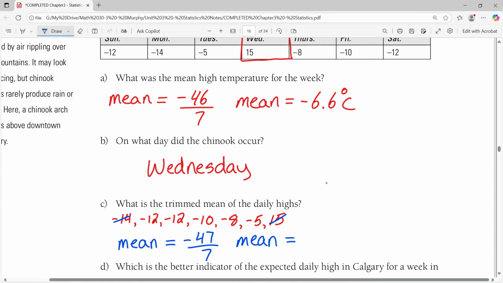Yeah, 5. Sorry, that should have been 5, not 7. Okay. -9.4. Okay, that's a better representation of the numbers you see up there.